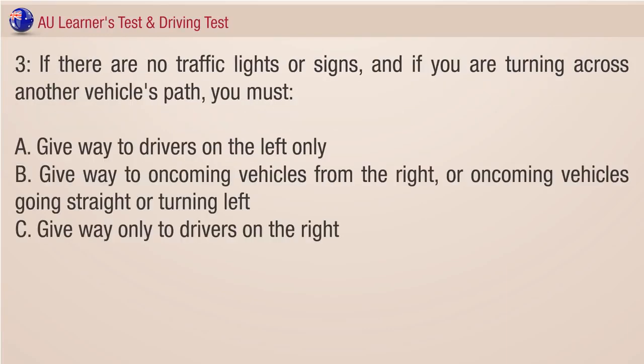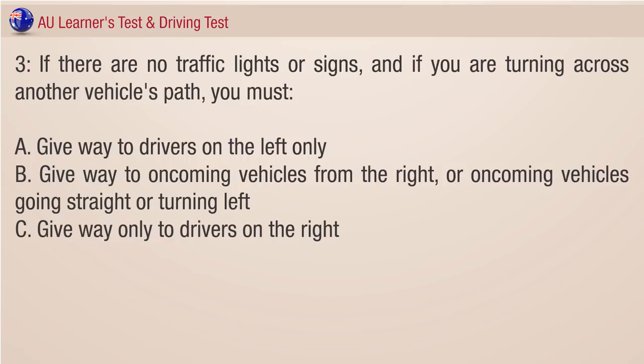Question 3. If there are no traffic lights or signs, and if you are turning across another vehicle's path, you must: A. Give way to drivers on the left only. B. Give way to oncoming vehicles from the right, or oncoming vehicles going straight or turning left. C. Give way only to drivers on the right.